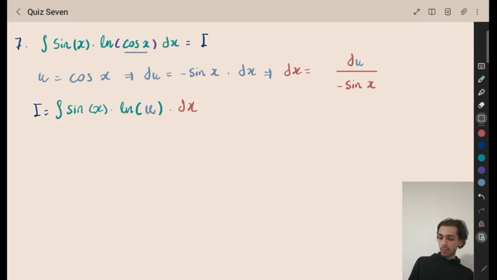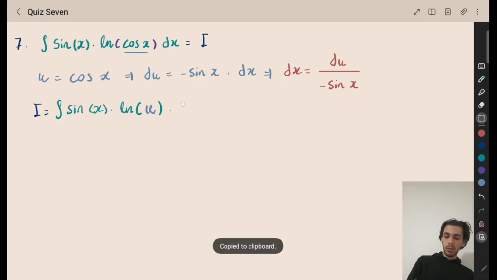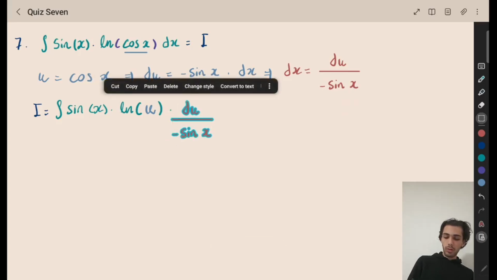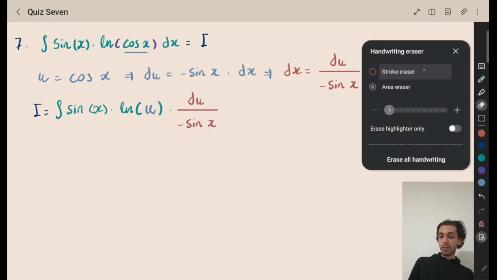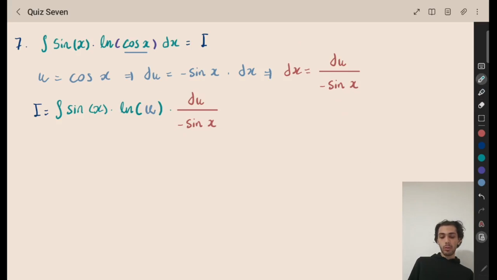So this is what I will replace dx with. And it should be fine because it's just an equation. I'm just substituting expressions inside. And then it's amazing. Sine of x cancels out with sine of x. And I just have an integral that looks like this.